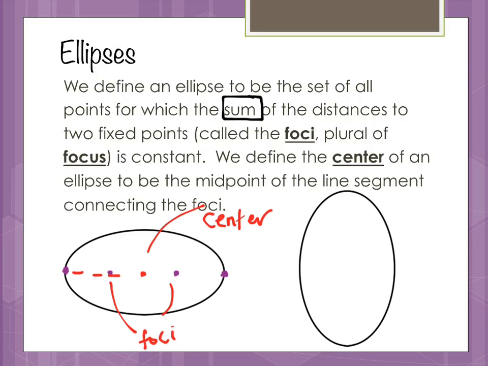We reference this line that connects the two vertices, goes through the foci, goes through the center. This is called the major axis. And if you went vertically on this one, that is called the minor axis.